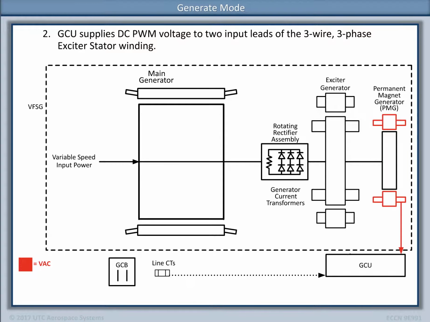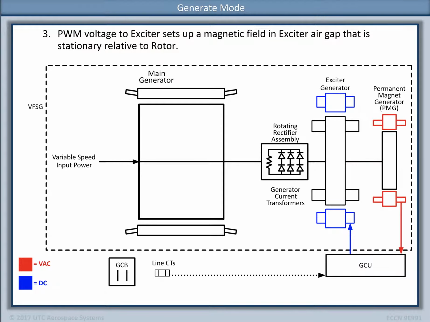The GCU supplies a DC pulse width modulated voltage to 2 input leads of the 3-wire, 3-phase exciter stator winding. 3. The pulse width modulated voltage to the exciter sets up a magnetic field in the exciter air gap that is stationary relative to the exciter rotor.